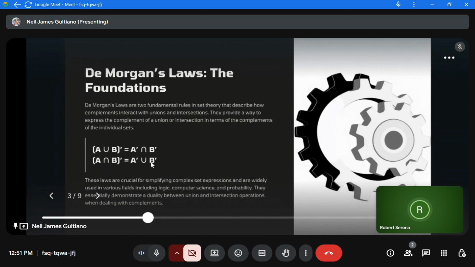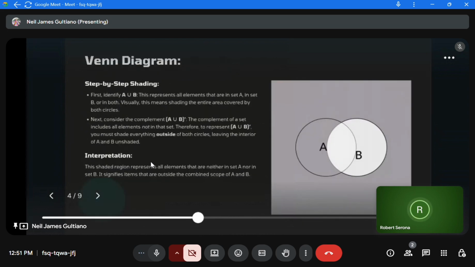We will now use Venn diagrams to prove the first law visually. Let us start with the expression, the complement of A union B. The first step is to find A union B. A union B includes all elements in A, in B, or in both. If we imagine our Venn diagram, this is the entire region covered by both circles.